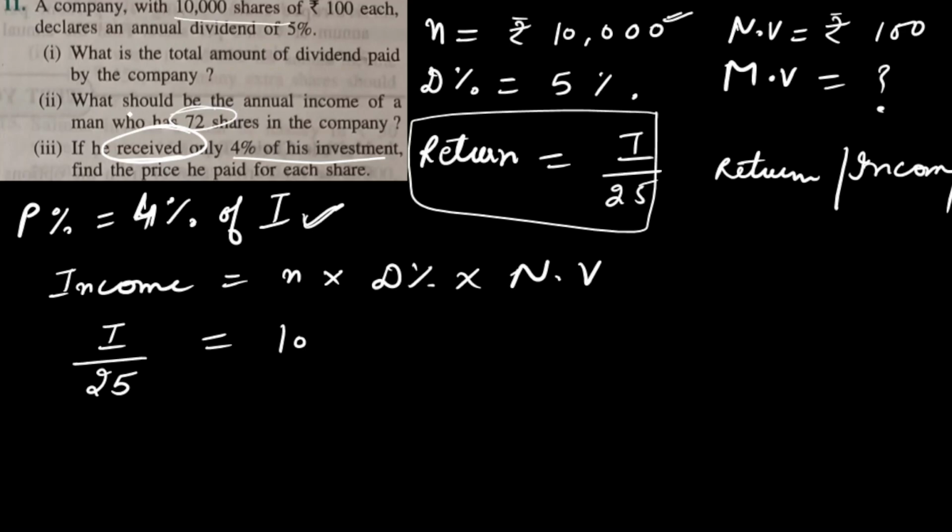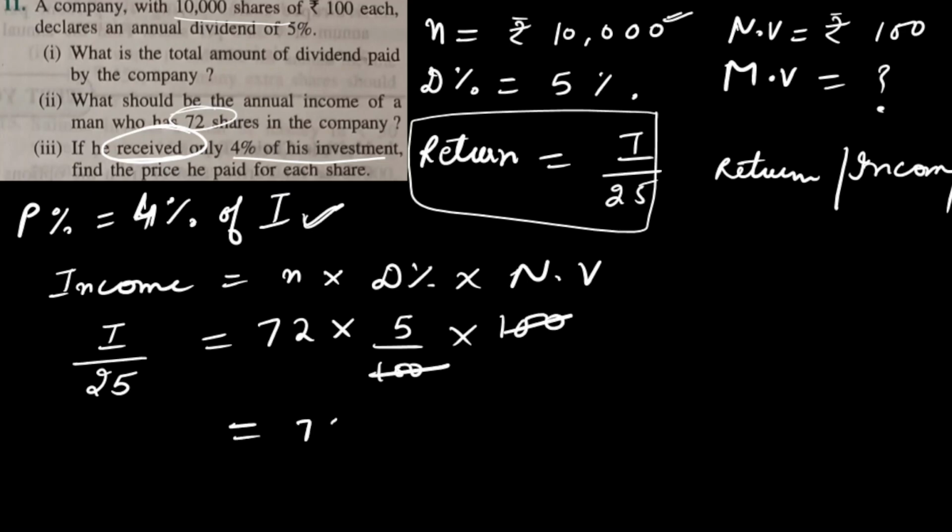Okay, but what should be the annual income? A man who has 72 shares in the company, if he received only 4%. So here 72 will come as number of shares. You can write 72 into dividend percent, again it will be 5 by 100, into nominal value 100. Okay, this will get cancelled.